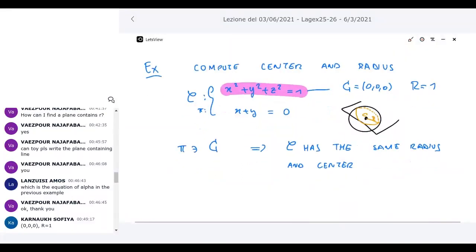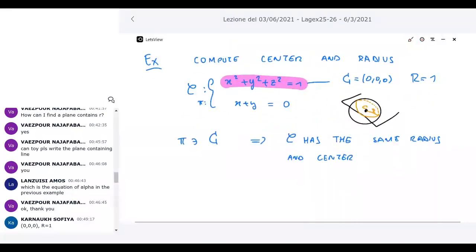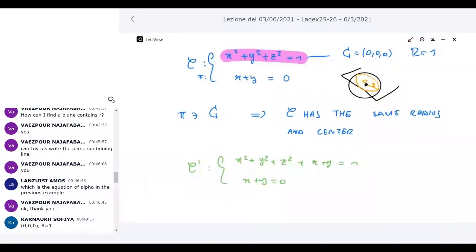Now, I suggest you consider a new circle. I write it here in a different color, say green. Let's look at C prime, which is: x squared plus y squared plus z squared plus x plus y equals 1, and then x plus y equals 0. Now you see something is changing, because the sphere above is different. So what do you think now about C prime and R prime, the radius and center of this circle? What do you think?